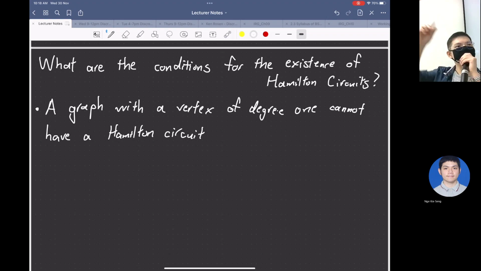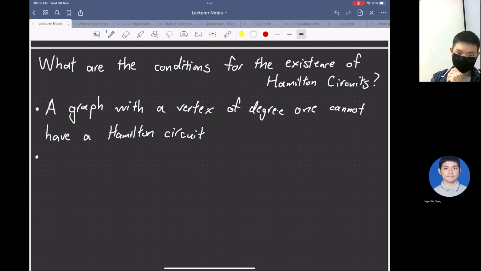Because you need to return to the vertex, right? Because it's a circuit. So if you've got degree 1, you cannot have a Hamilton circuit. I think this is also true for an Euler circuit, right? As long as you have a circuit, because you need to return.